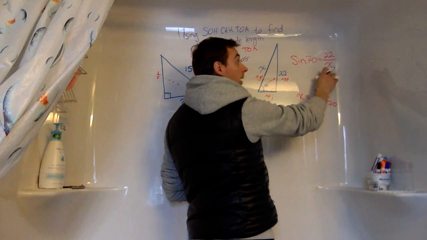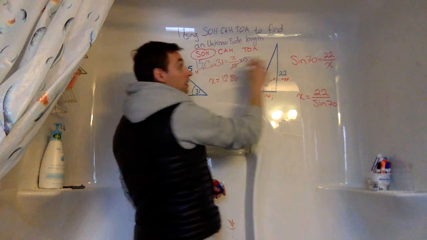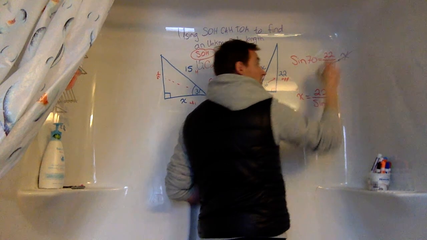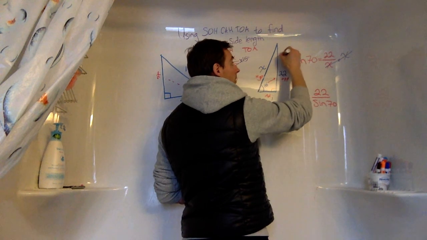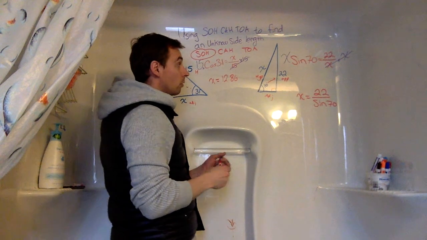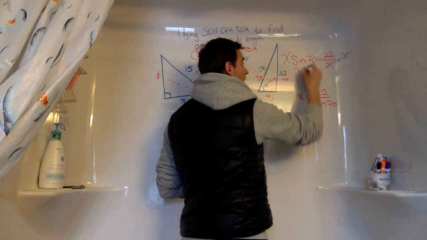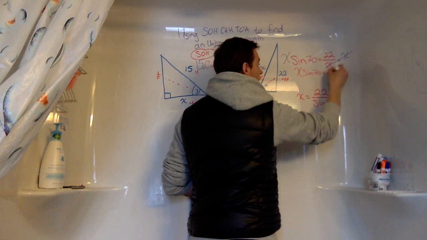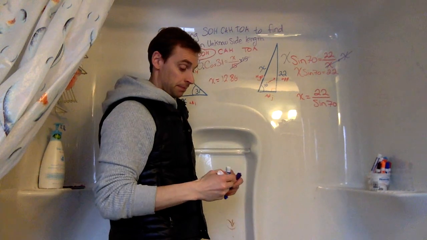If we want to get rid of an x, we have to do the same thing we did here. I'm going to multiply by an x value, which is going to cancel, which means I also need to multiply by an x value on the other side. So my new equation is x times sine of 70 equals 22.